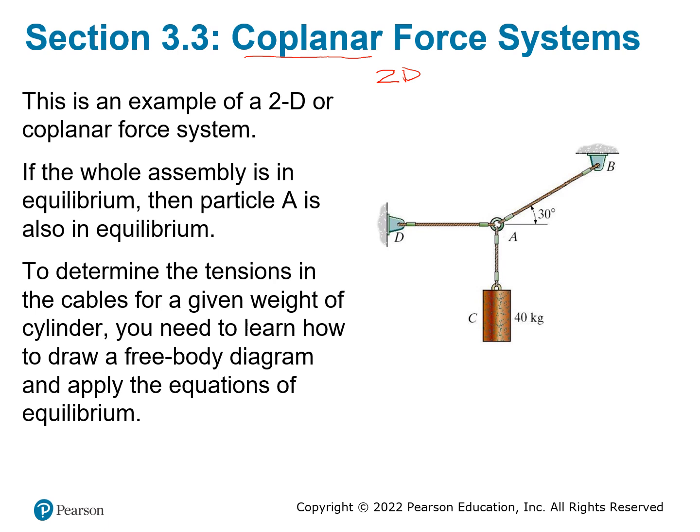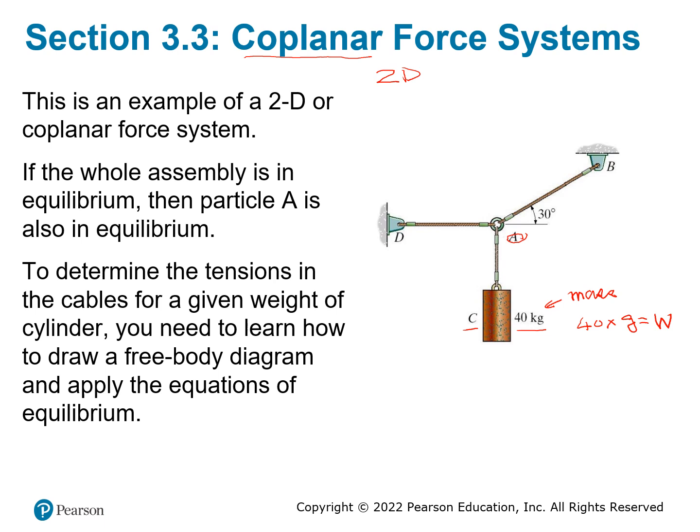Over here you see a picture where we have a weight at the bottom, which is C. This weight is 40 kilogram. This is not the weight, this is the mass of this weight. In order to find the force, we have to multiply by g, right? So 40 times g is going to be the weight at this point. And this will have a cable connected to the point A here.